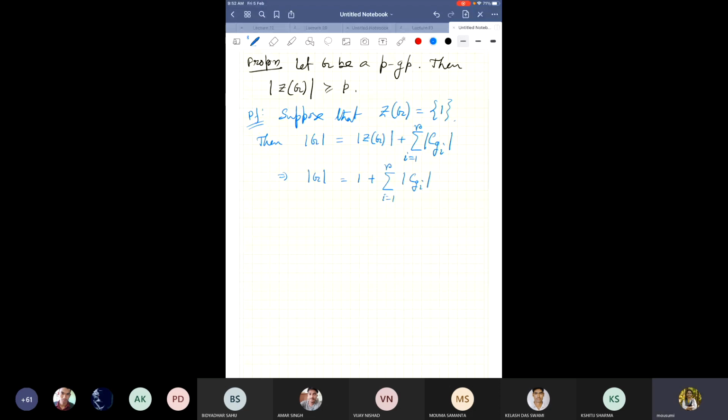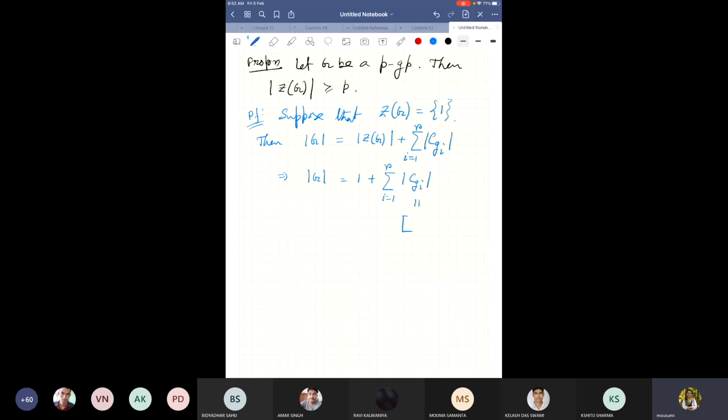Now, what can you say about the cardinality of these conjugacy classes? Order of the group upon the order of the normalizer. Yes, so what are the choices for that, given that G is a p group? It is p to the power something, right? This is nothing but the index of the stabilizer, G colon C_G(x).